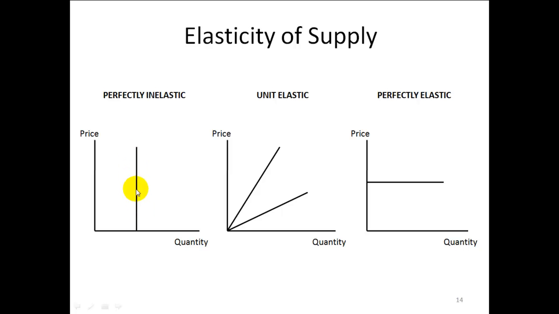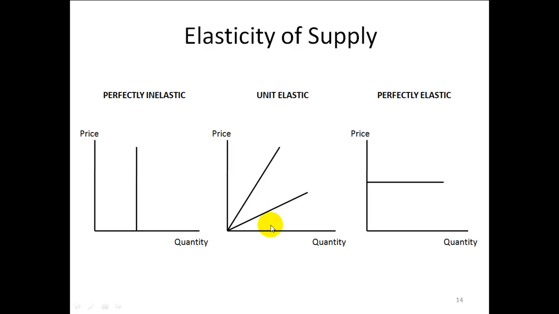What you see here in the middle are unit elastic supply curves. This might seem a little counterintuitive, but any supply curve that's a straight line passing through the origin would be unit elastic. You can understand this very quickly if you just put some numbers here.